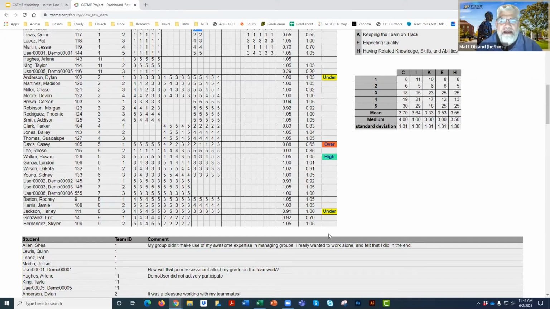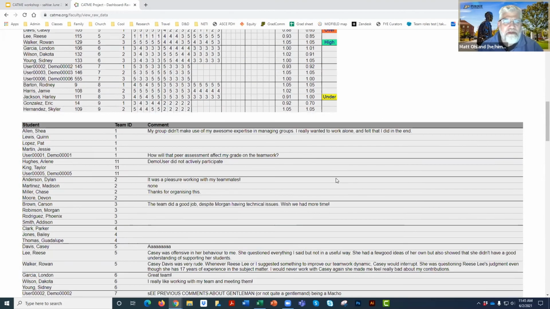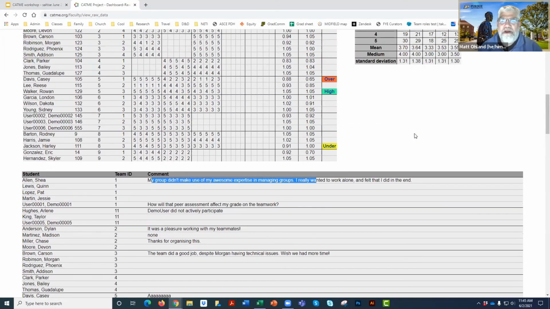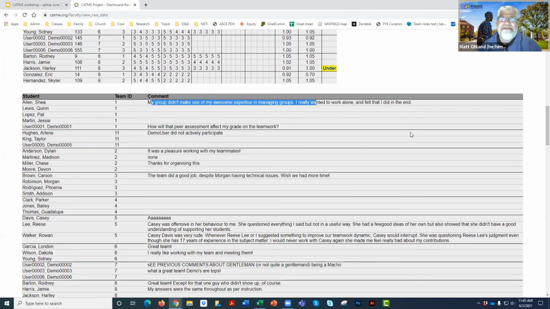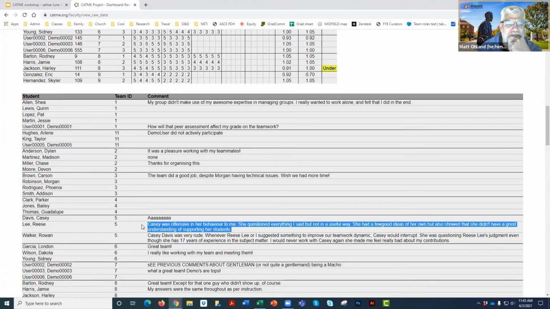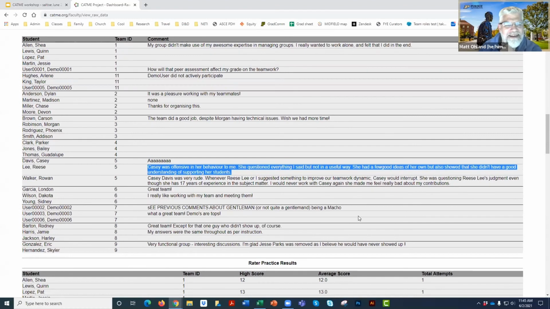And so it did flag some of the conditions. It got Shay's nasty comment about really wanting to work alone, and I felt that I did in the end. Here's Reese complaining about exactly why Casey was being mean, which was absolutely correct.